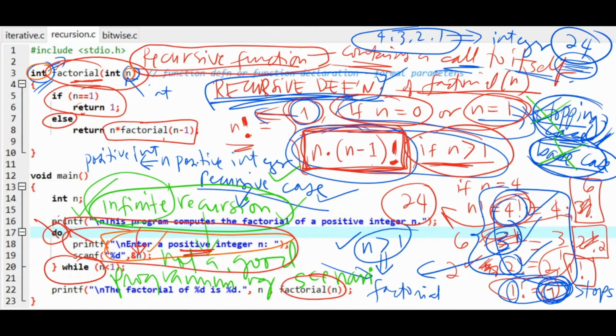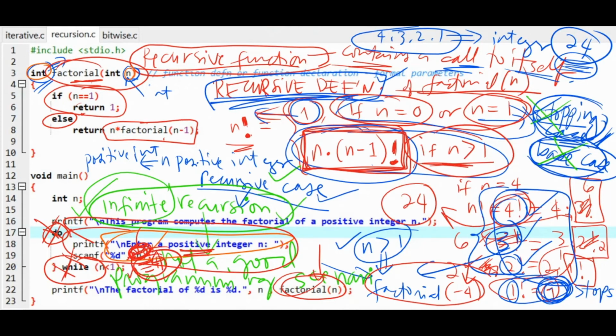If you are not using a do-while loop, there is a tendency that the user inputs a negative value, and so it goes here to factorial. For example, the user inputs negative 4 for n in here, and since you are not using the do-while loop, then the acceptance of a negative integer is not prevented from happening. So in that case, factorial of negative 4, that is if the input value in here is negative 4.